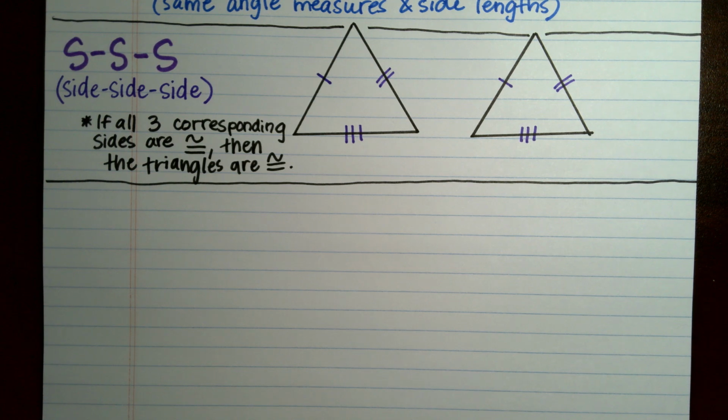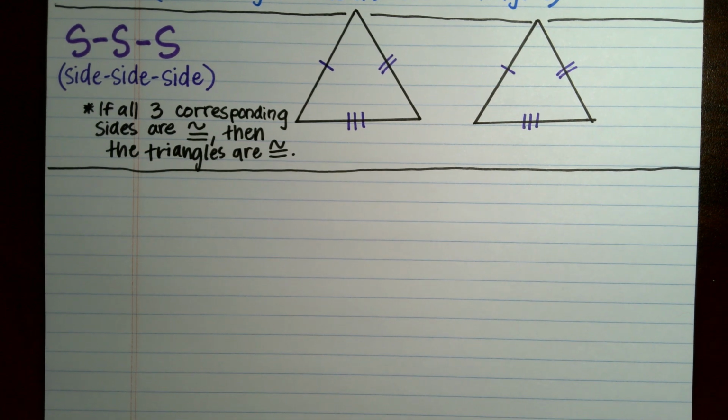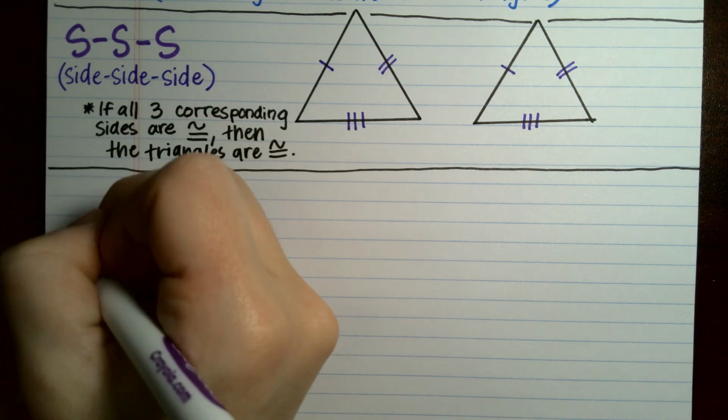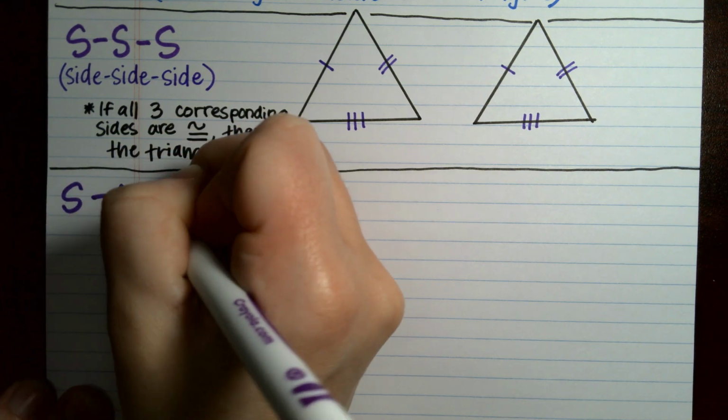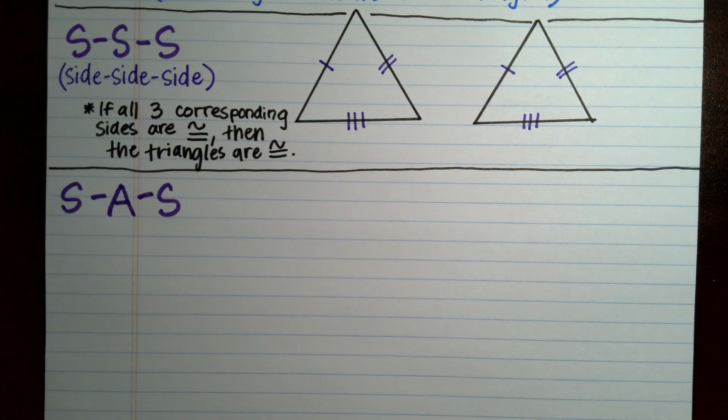Next type of congruence, we name it as SAS. That one is side angle side.